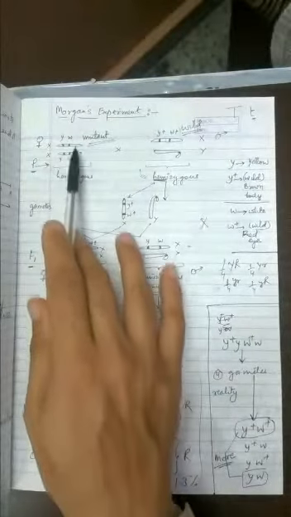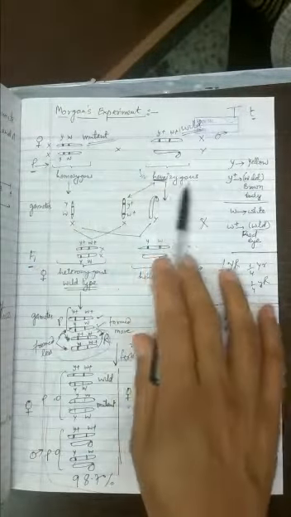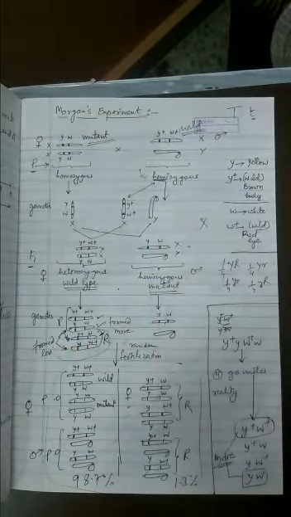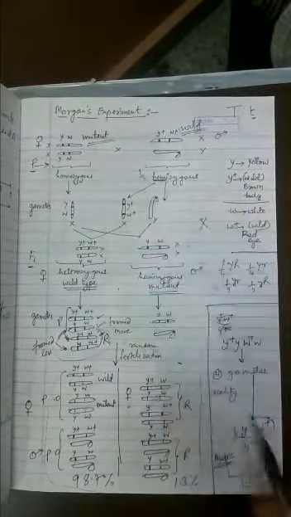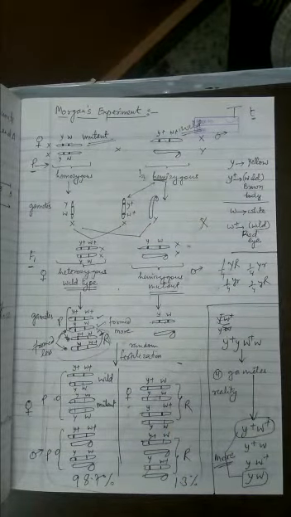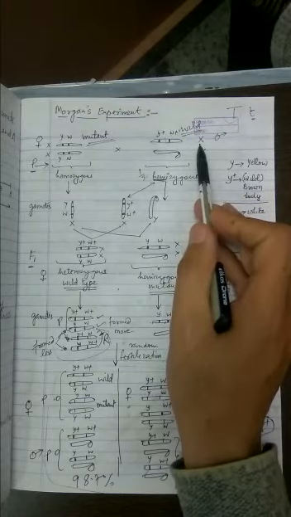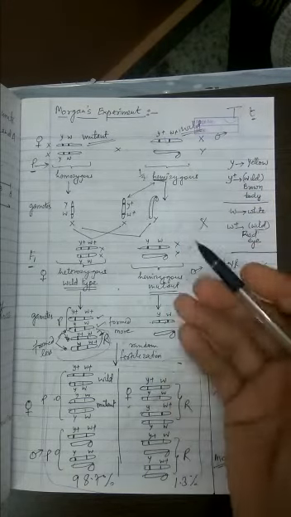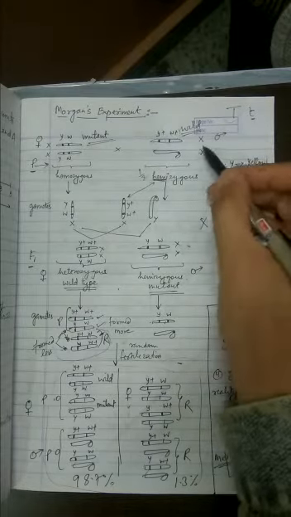So a homozygous female, mutant type, was crossed with the hemizygous wild type male. In the last class I told you what is hemizygous. Hemi means half. In the case of male, there are some genes present on the X chromosome which have no information on the counterpart homologous chromosome, that is the Y chromosome.